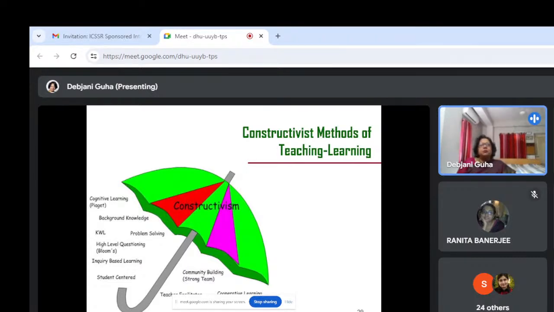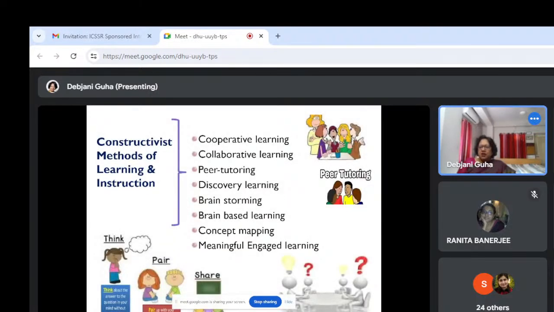There are several methods and strategies of constructivist instruction, like cooperative learning, collaborative learning, peer tutoring, discovery learning, which I have already mentioned, brainstorming, brain-based learning, concept mapping, which has been suggested by Ausubel, and meaningful engaged learning.